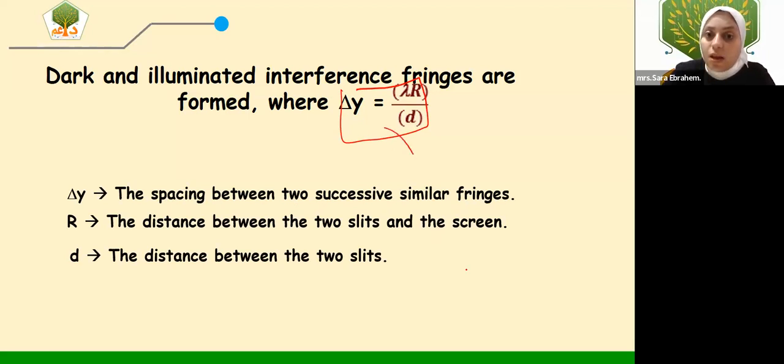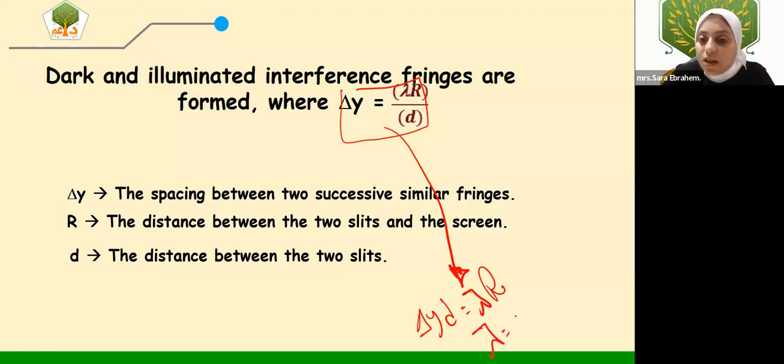To determine the wavelength from this relation, cross-multiplying, delta Y times D is equal to wavelength times R, so wavelength is equal to delta Y times D divided by R.